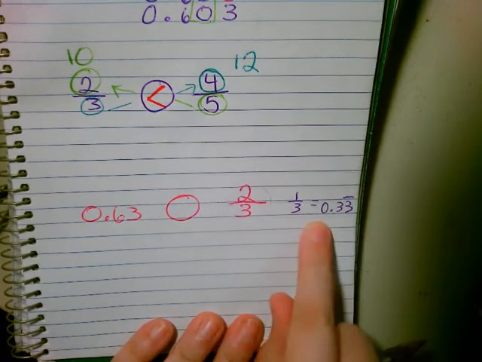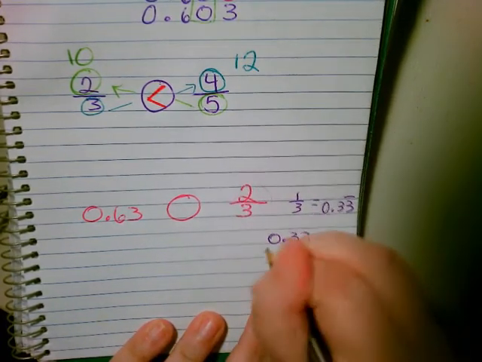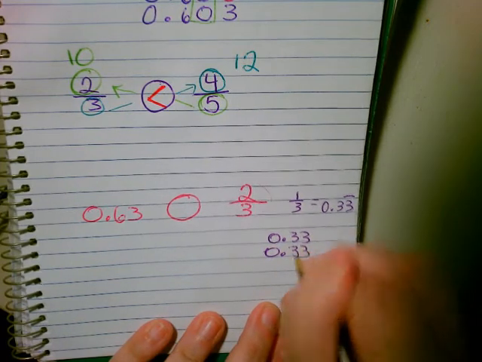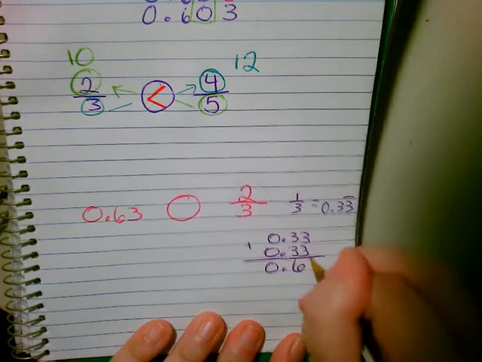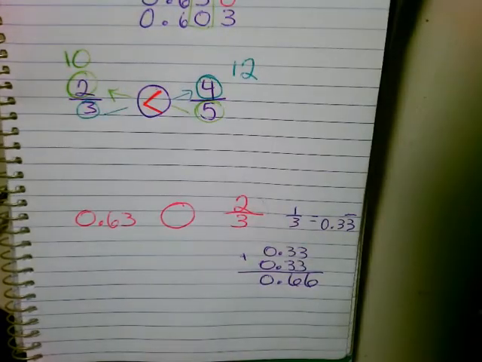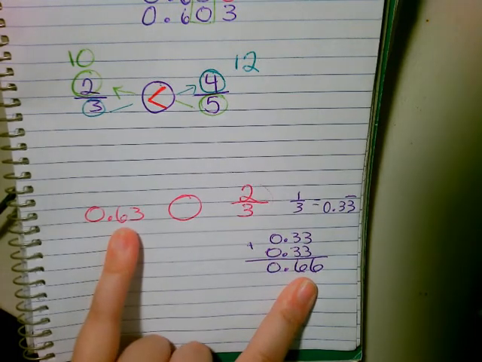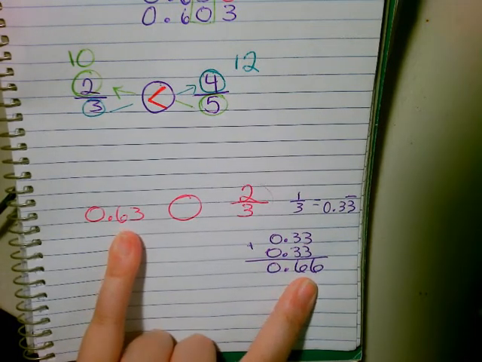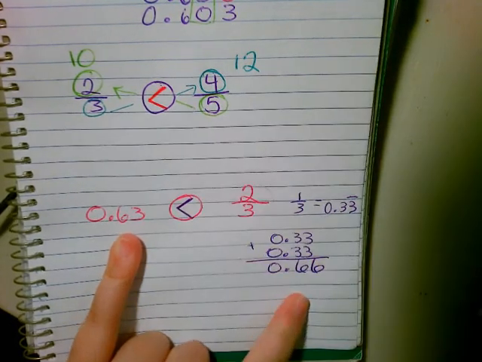So I'm going to add that 2 times. So 0.33, 33 hundredths, add them together, and I get 66 hundredths. Well, now I can compare 66 hundredths and 63 hundredths. 63 hundredths is less than 66 hundredths.